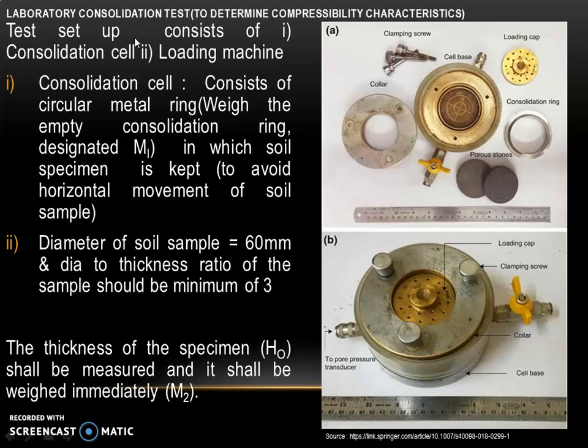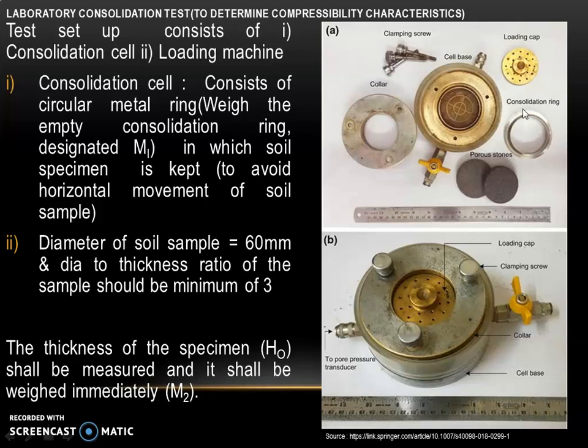The test setup consists of consolidation cell and loading machine. The consolidation cell consists of the circular metal ring. To begin with, the empty mass of this ring has to be noted down, and that will be M1. In this ring, soil sample will be kept in order to avoid its lateral movement.